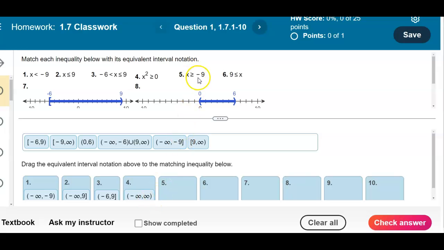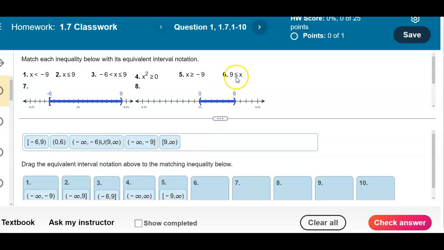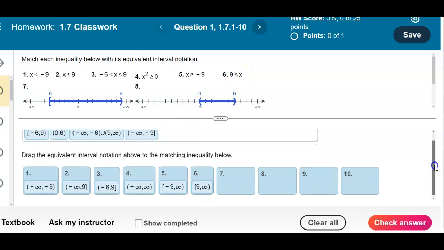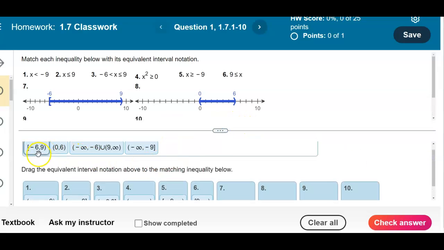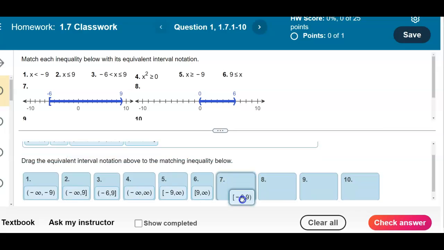Number 5, we have a bracket at -9 going towards +infinity. Here we have x is greater than or equal to 9, so that is bracket 9, +infinity. And then 7, we know it's bracket -6 to parentheses +9.